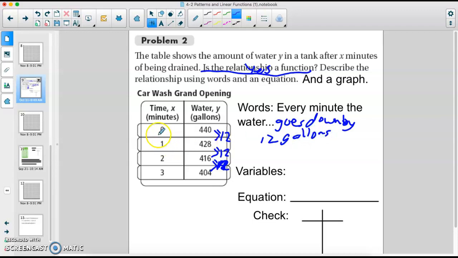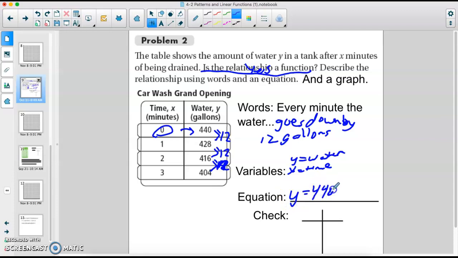Now, whenever we have a time 0, that's our starting point. And so I'm going to jump down to our equation here. Our variables are y for water and x for time. Okay. Now, like I said, the water depends on the time, right? And so our amount of water, we started out at 440.